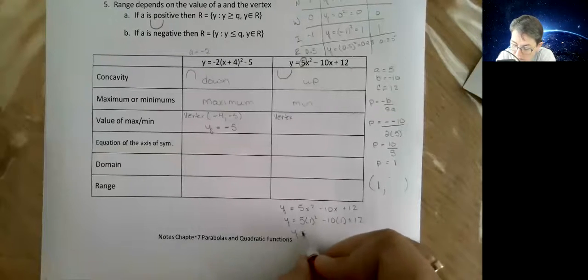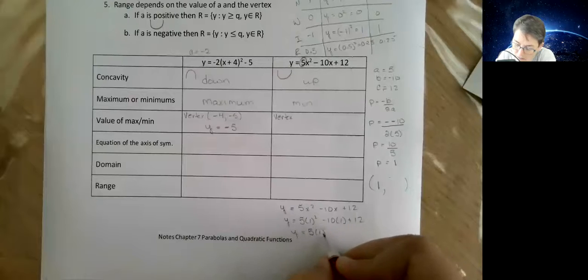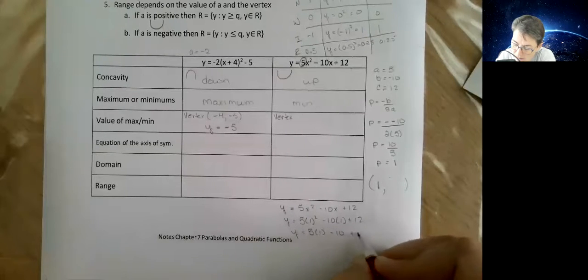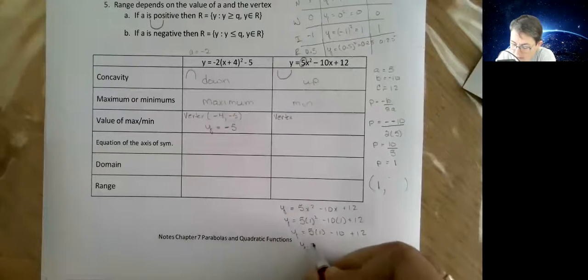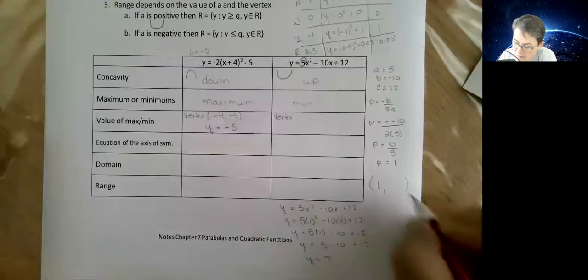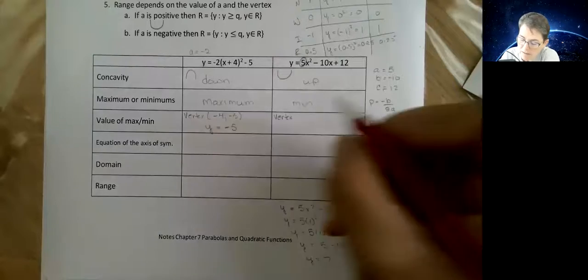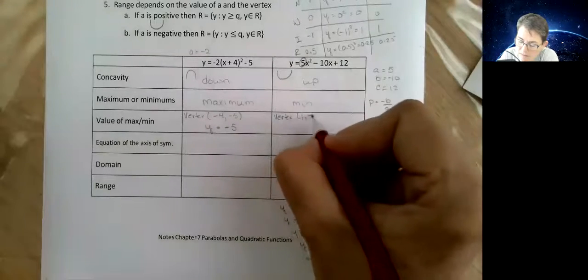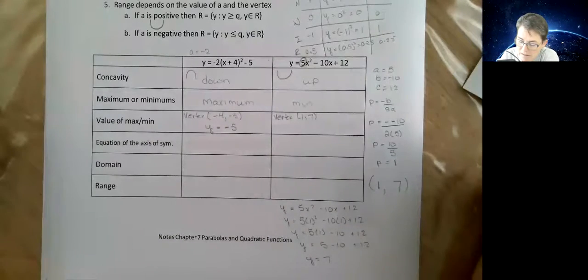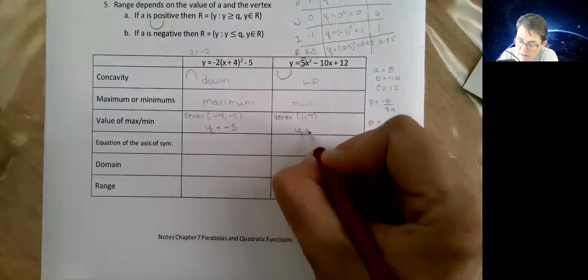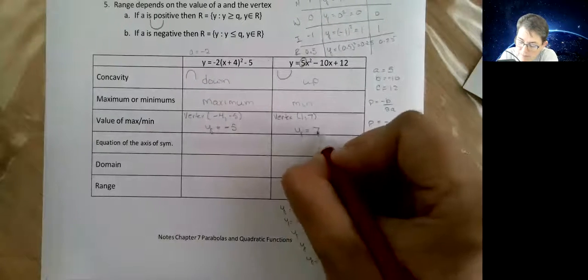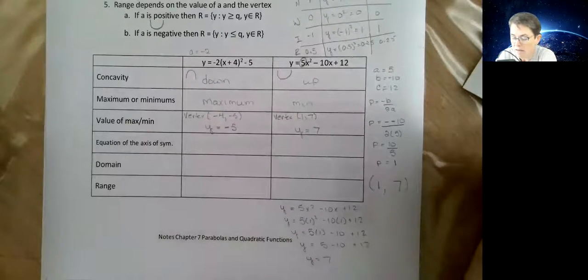So we got y is equal to 5 times 1 minus 10 plus 12. Y is equal to 5 minus 10 plus 12. Y is equal to 7. All right, so 1 comma 7. We know our vertex, so y is equal to 7. That is going to be how low it goes.